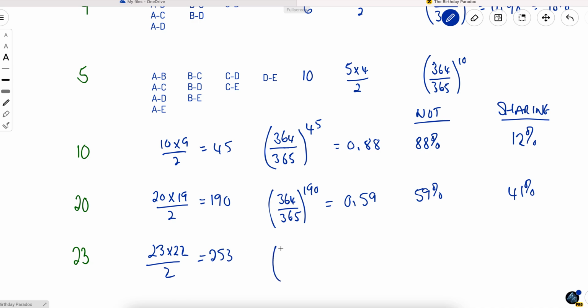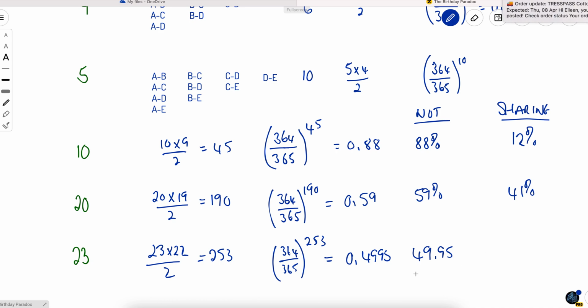And if we raise 364 over 365 to the power of 253, we get 0.4995, which is 49.95%. And so that's just under 50% if we round it to 50% here. So the chance of sharing a birthday is just over 50%. There you are.